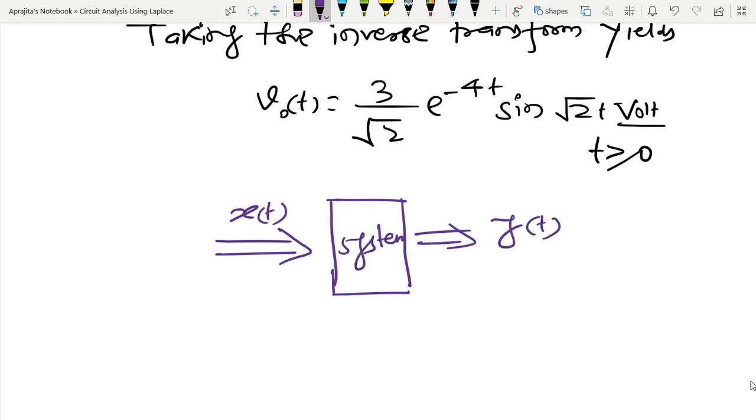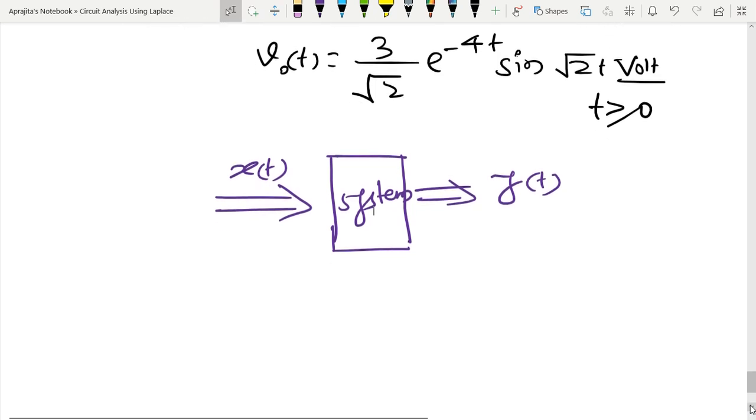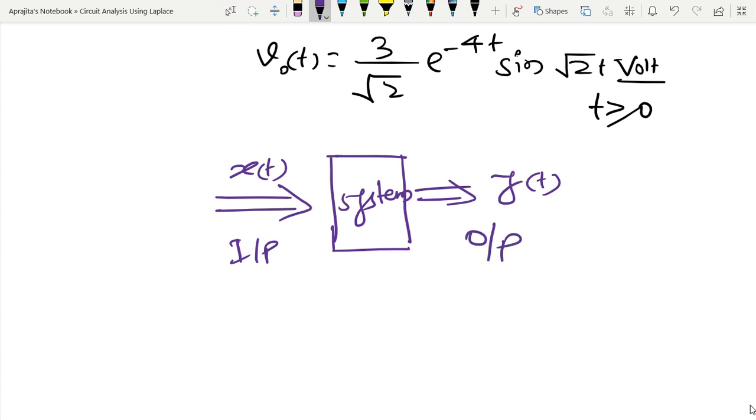I have already defined the meaning of system. So now I am going to see the effect of this system on this particular excitation. This is my input and this is my output. So I am going to define it in terms of transfer function.